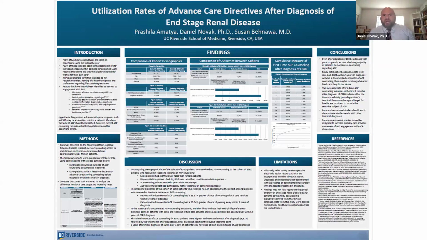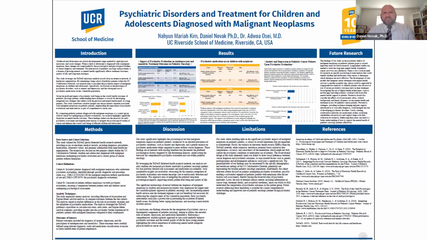We also have some really great projects. A student used this exact technique to look at utilization of advanced care directives, which is something that's included as a procedural code in our study. We have psychiatric studies that have been done as well, looking at children who've had cancer and what their psychiatric outcomes are.